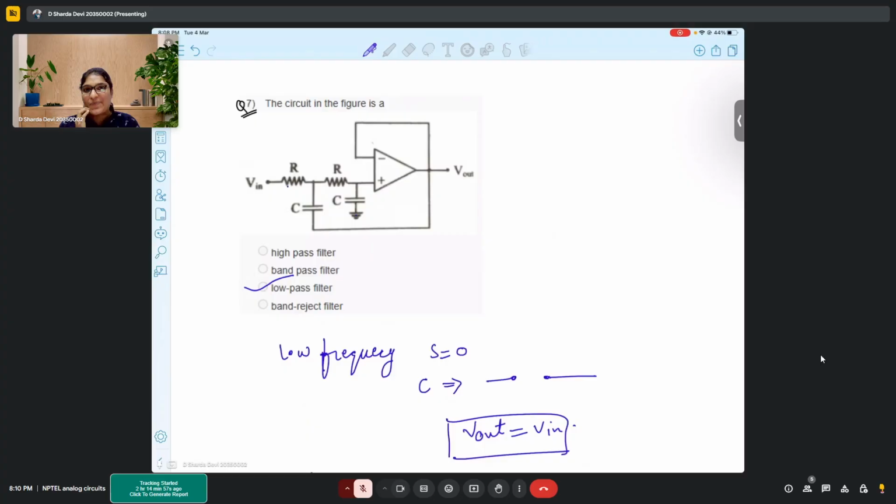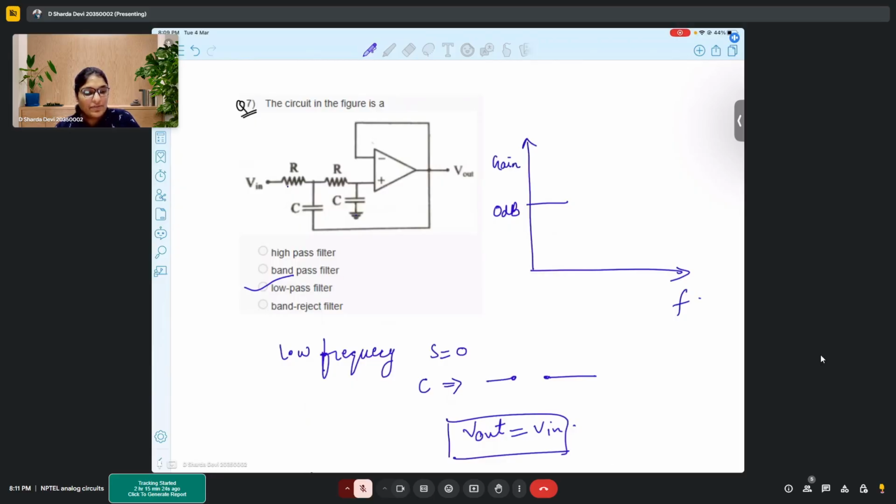Madam, this circuit is having gain 1, unity. Is it a voltage follower circuit? Gain 1, so in low pass, when we have gain 1, if we draw our frequency response, the gain profile will start from 0 dB.